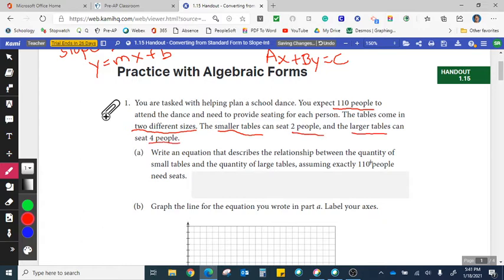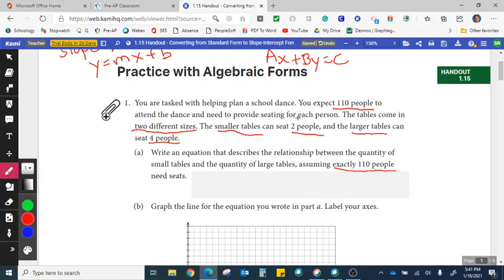It says write an equation that describes the relationship between the quantity of small tables and the quantity of large tables, assuming exactly 110 people need seats. Alright, so when they say exactly, that just means that it has to equal whatever your solutions are for the number of small tables and for the number of large tables.